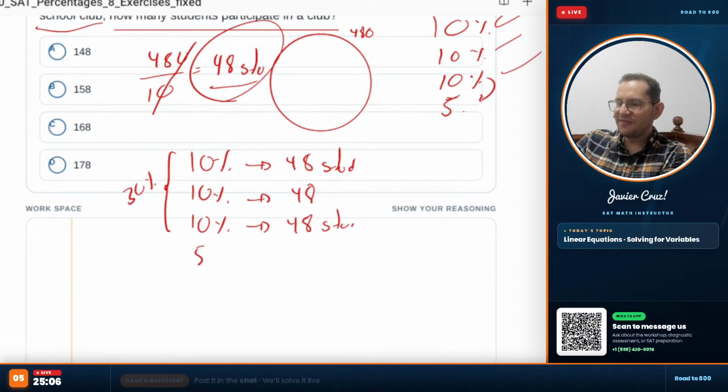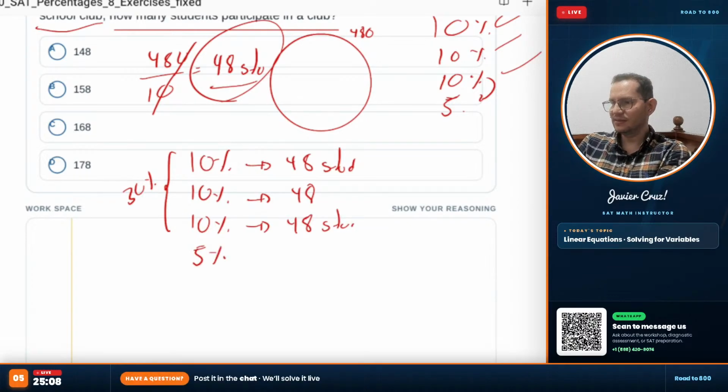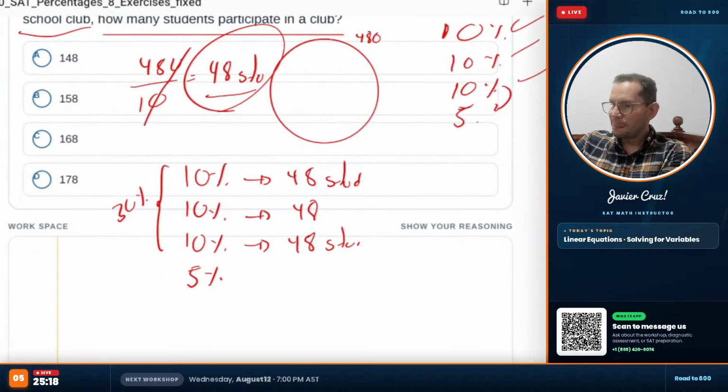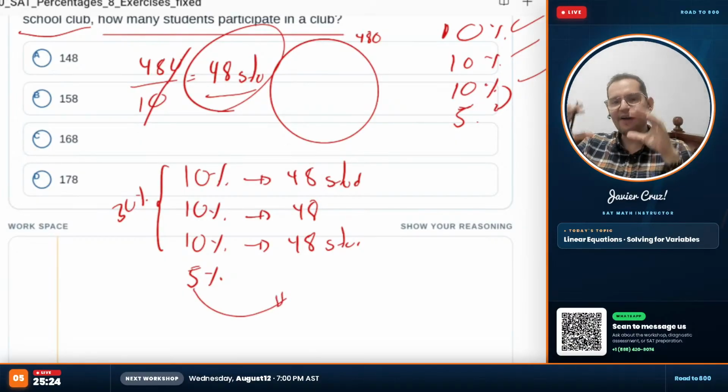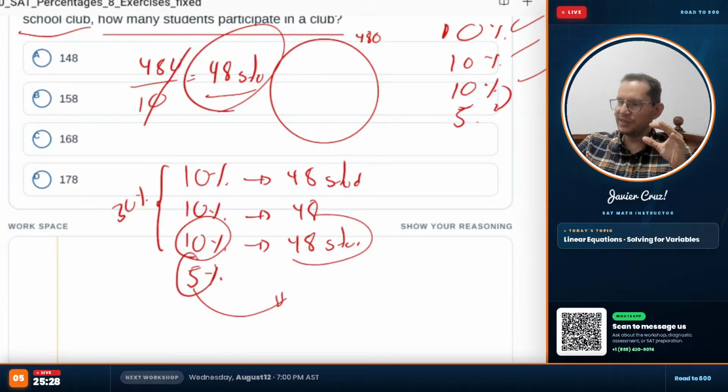And now what is the 5%? So we said that the 5% is the half of 10%, right? Because 5 is the half of 10. So the 10% is 48, the 5% is the half too. So we need to find the half of 48.